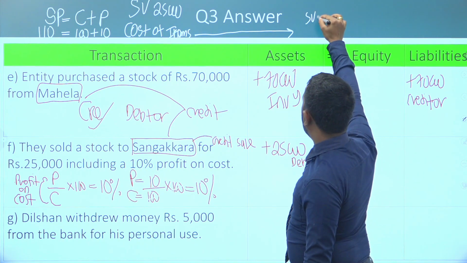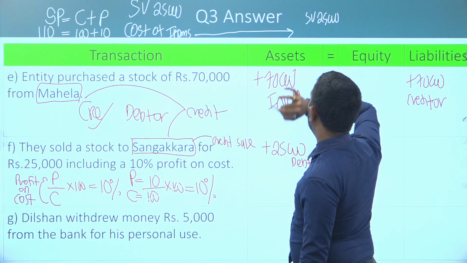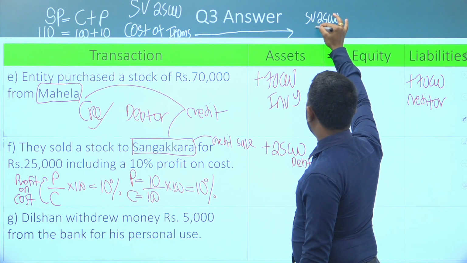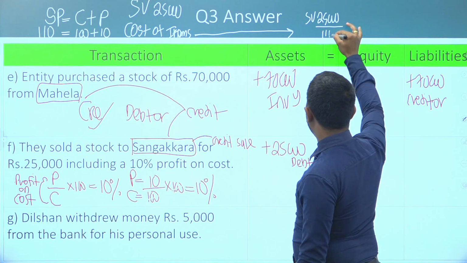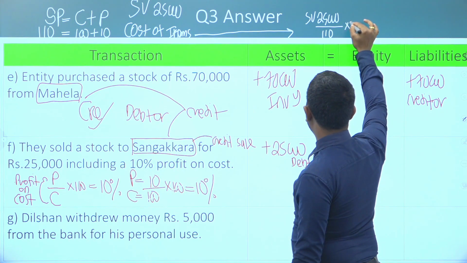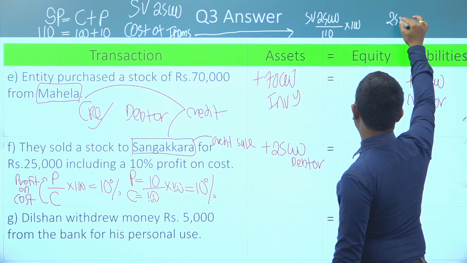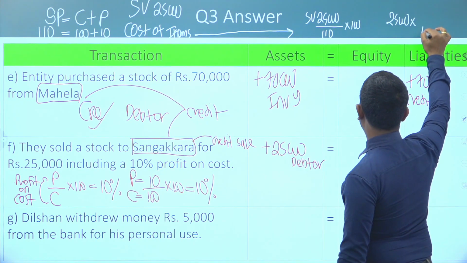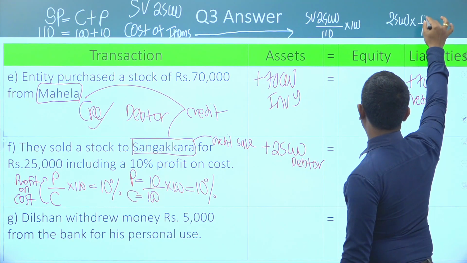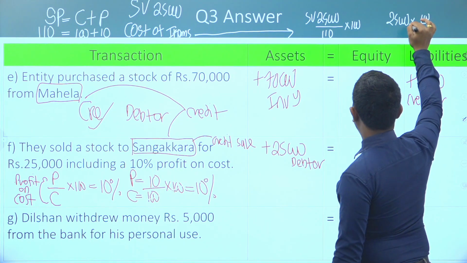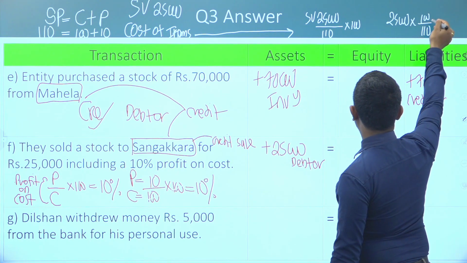So what you can do is, if the sale value is 25,000 and the selling price is 110, how much is the 100 rupee cost? In other words, multiply 25,000 by 100 and divide by 110. If 25,000 is 110, how much is 100?